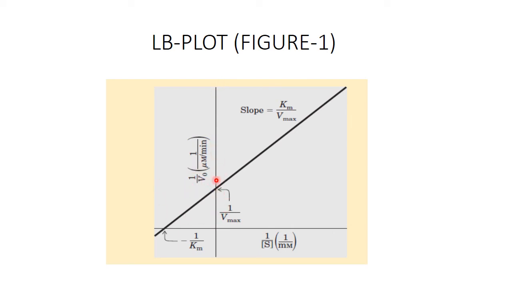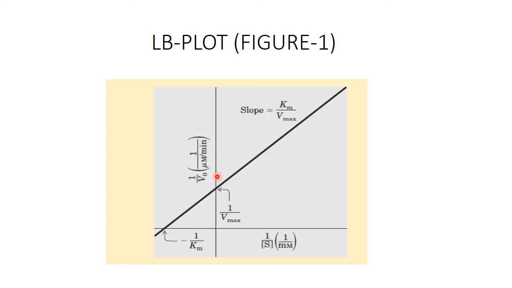Now in the LB plot, substrate is reciprocated. Reciprocal means 1 upon S, and V0 initial velocity is also reciprocated, 1 upon V0. The units are the same as they were in the case of the Michaelis-Menten equation, and therefore you find a plot which is a straight line where you get all the vital values which you could calculate in the equation.